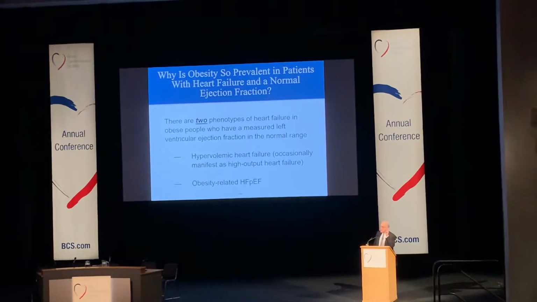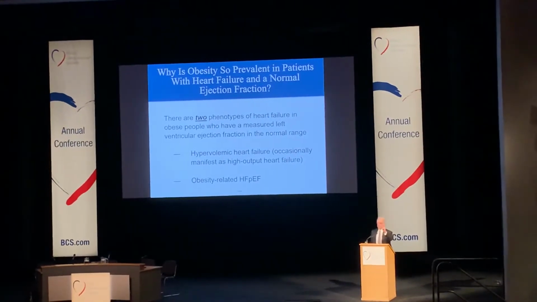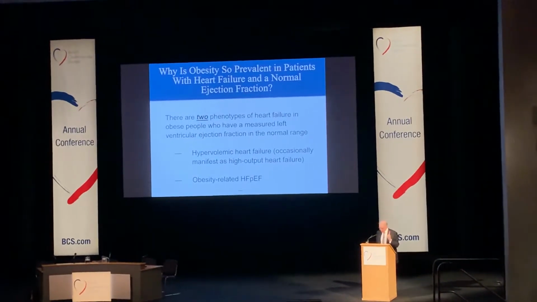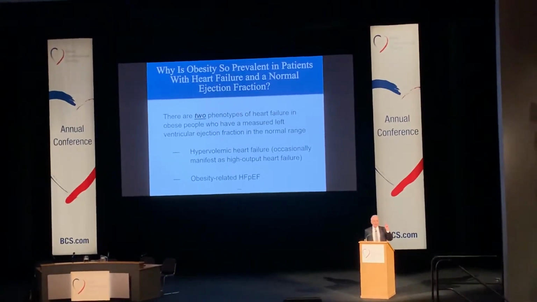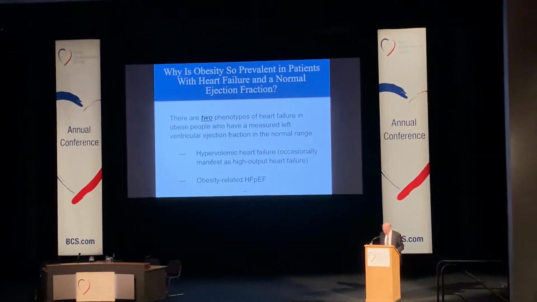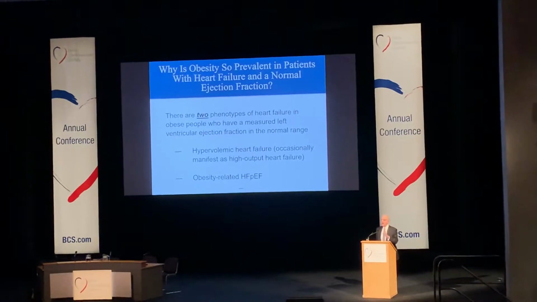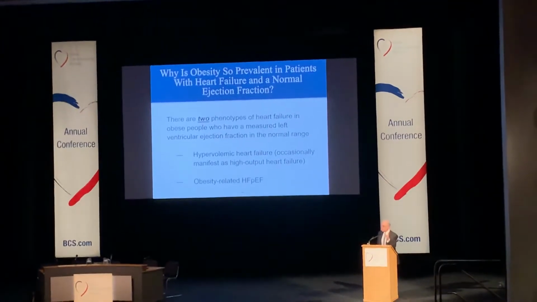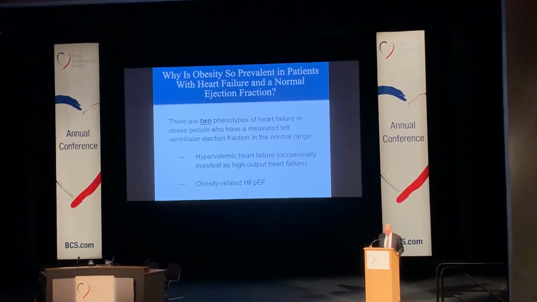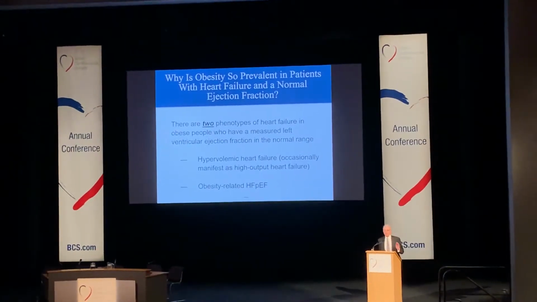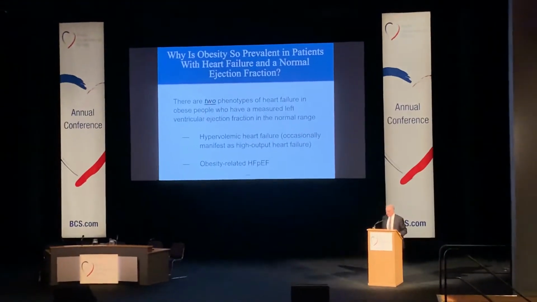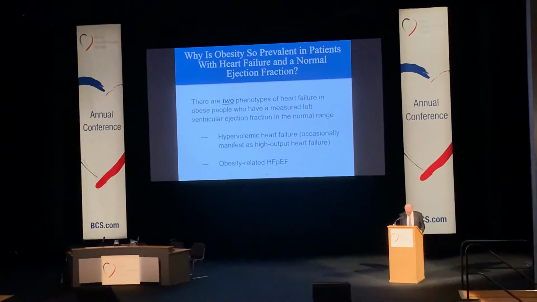There are actually two types of heart failure with a normal ejection fraction in obese people. I want to talk about both of them because they're both really common and they're both really important. I'm going to call one of them hypervolemic stress. I would like to call it hypervolemic heart failure, but frequently the full syndrome of heart failure just doesn't manifest itself.